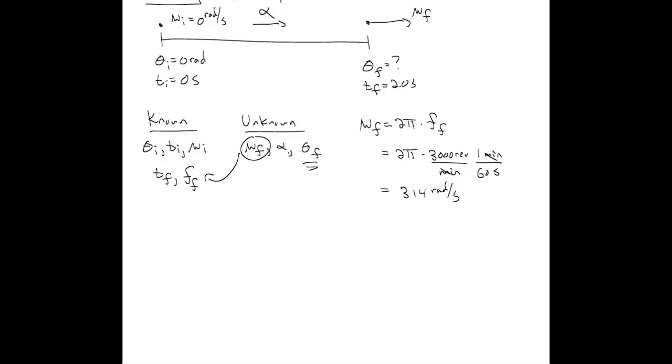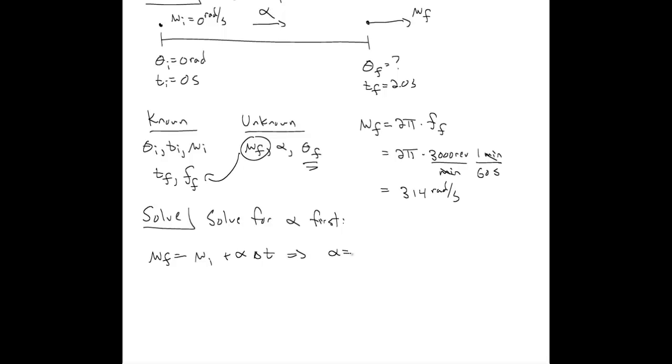Okay, so now we have what we know. The things we don't know are alpha and theta f. And as you might suspect, we're probably going to have to solve for alpha first. We can do that by using this expression: the final angular speed is equal to the initial angular speed plus angular acceleration times change in time.